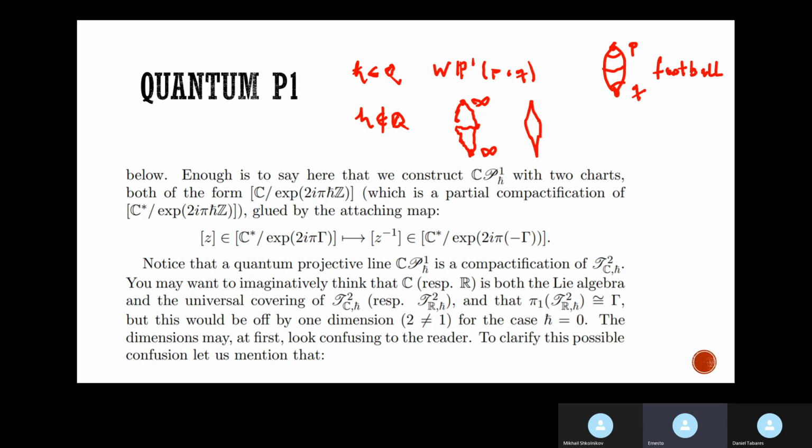And this is what we're doing here. We have this action of, and remember, gamma in this example is the subgroup generated by 1 and h bar inside of R. So it's just a subgroup of R, an abelian subgroup of R, and this group is acting by translation on R, just additive translation.